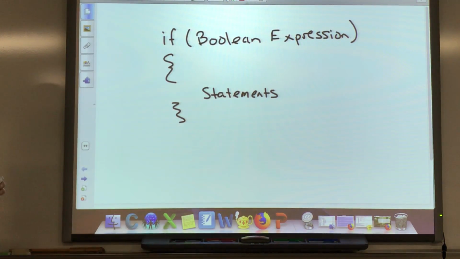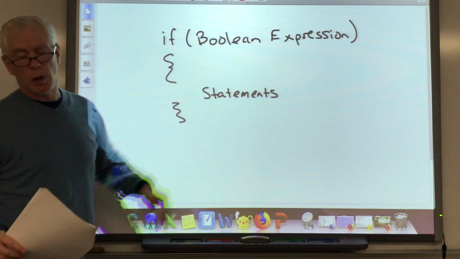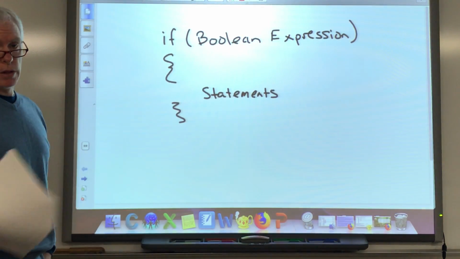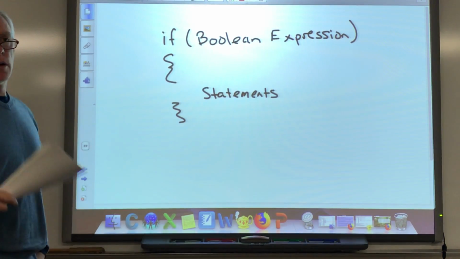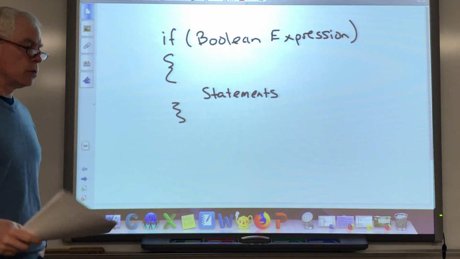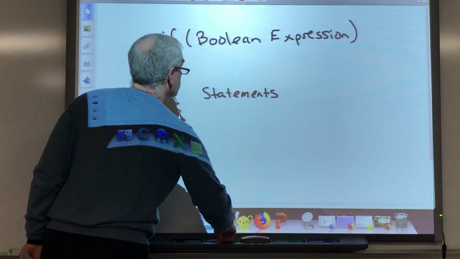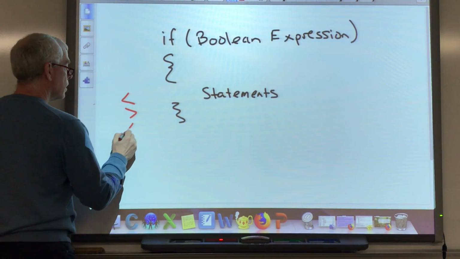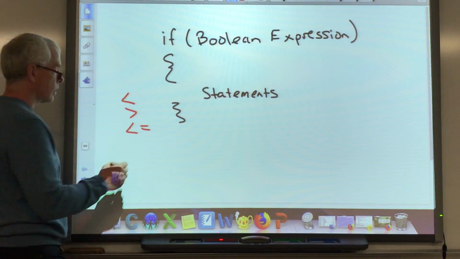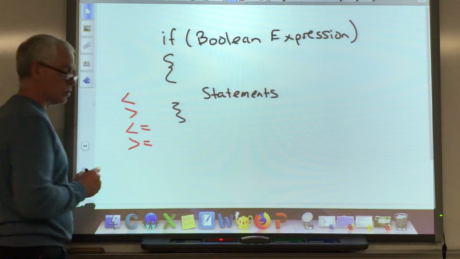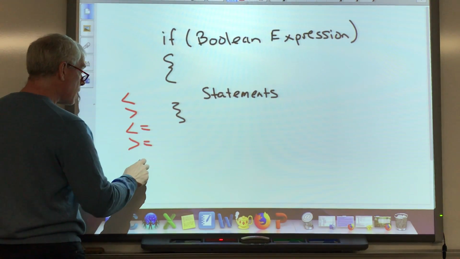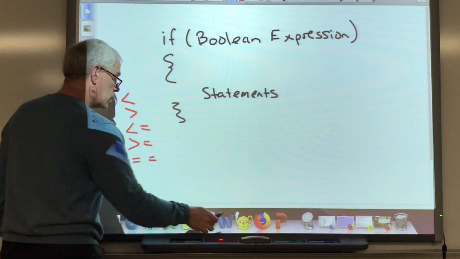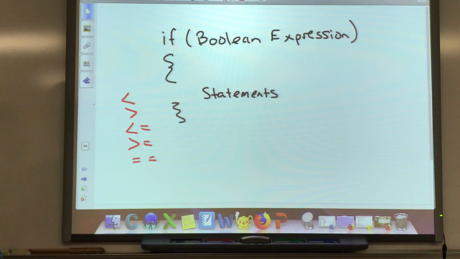So you start out with an if statement. You have a Boolean expression in there, which simply means there's a comparison. There can be a less than in there, there can be less than or equal to. Greater than or equal to looks like this. Equal to looks like this when you're comparing, a double equal sign.